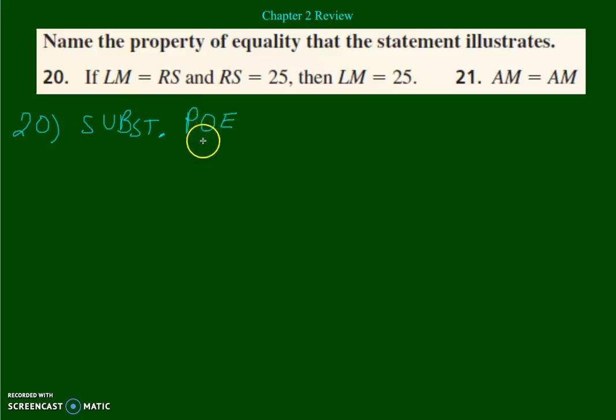Now for 21, in this case, the expression is exactly the same on both sides of the equal sign. Kind of like a reflection in a mirror. That's why it's called the reflexive property. Not reflective, but reflexive.